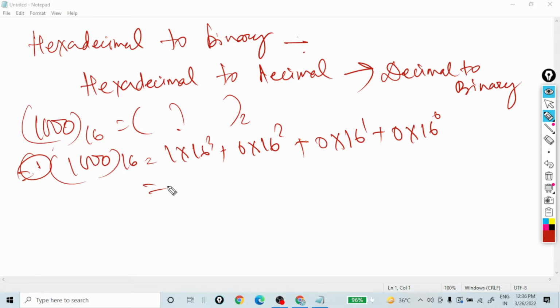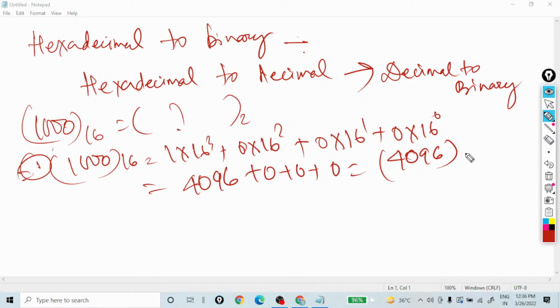What will the answer be? 16 cubed we have discussed, this is 4096. 4096 plus 0 plus 0 plus 0 is 4096. This is in decimal form, right?